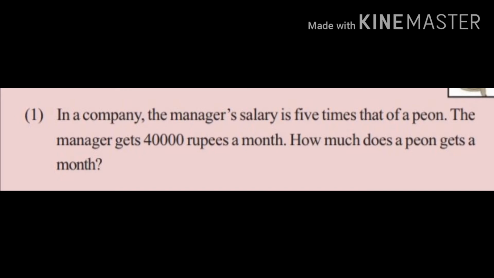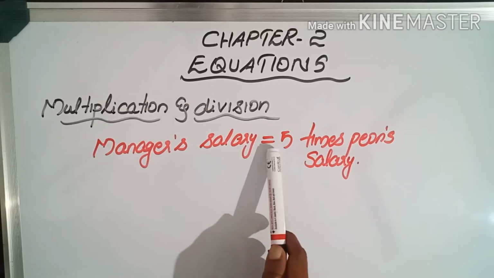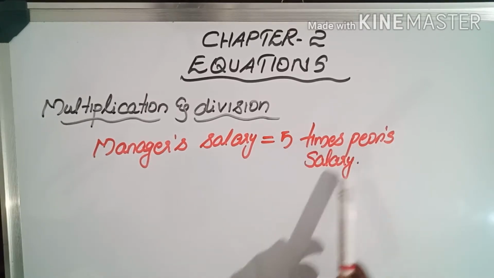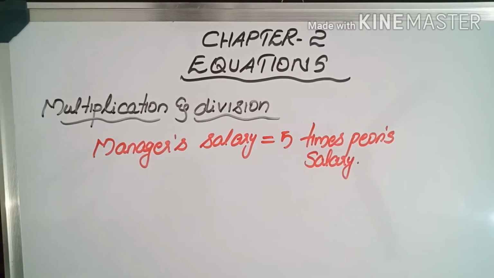Here in this question, manager's salary is given and peon's salary we need to find. This is the clue given in the question: manager's salary is 5 times peon's salary. Whatever peon's salary is, 5 times that is the manager's salary.